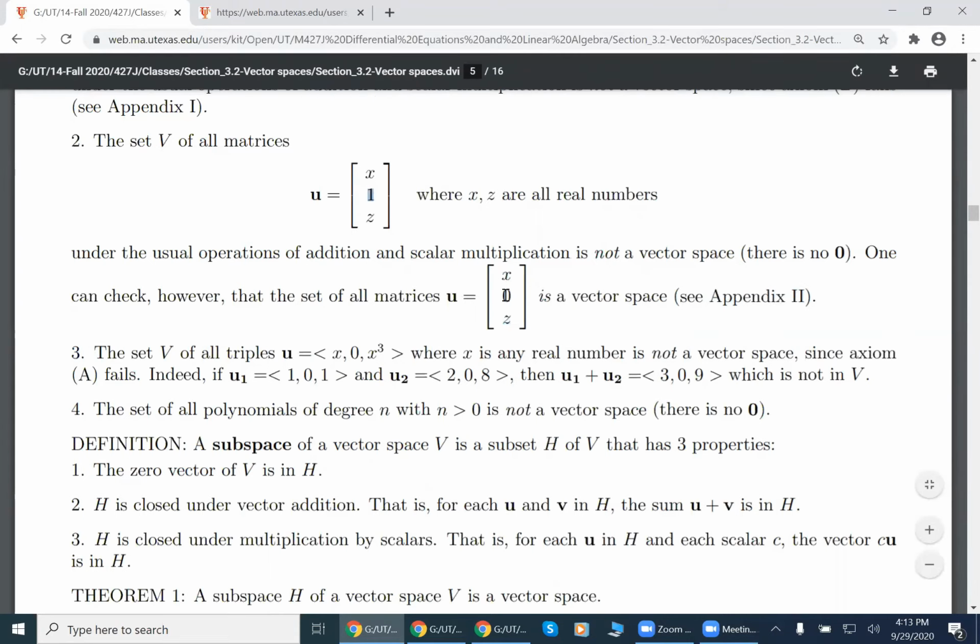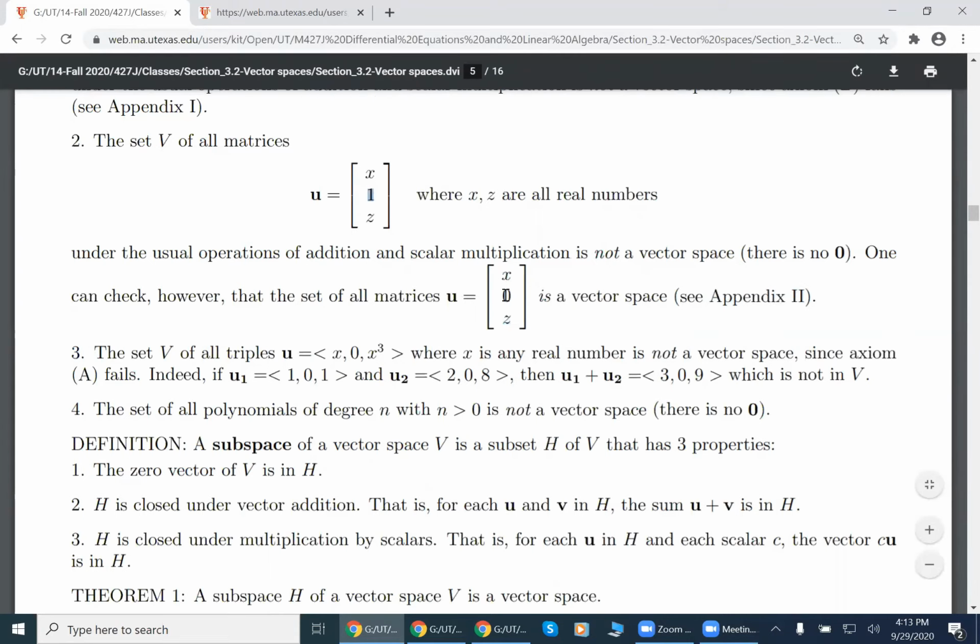What is left to check is axiom A, axiom B, and this. Because, let me give you a very simple example. Think about R. R is a vector space. But if H is the following subset, the set that consists of only one number, 1, this is a subset, but there is no 0 there.